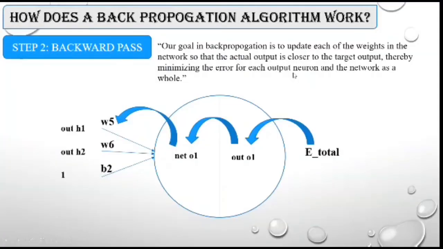That is this entire process. If you remember, that is the order of what we have calculated. First we found net O1, from that we found out O1, and finally using that we found the total error.